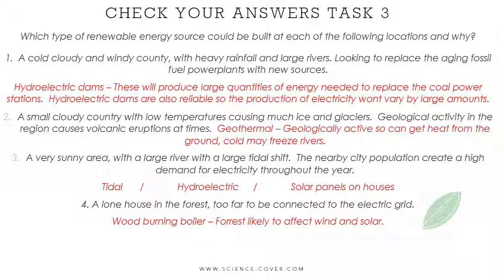A lone house in the forest too far to be connected to the electric grid. Well, for this one, solar would be difficult because the sun's light will be blocked by the trees. Also, the trees might block the wind, so we couldn't use wind power. So we might turn to a wood burning boiler here, where we could use the actual wood from the forestry area.